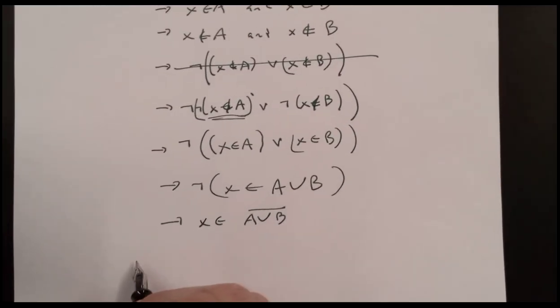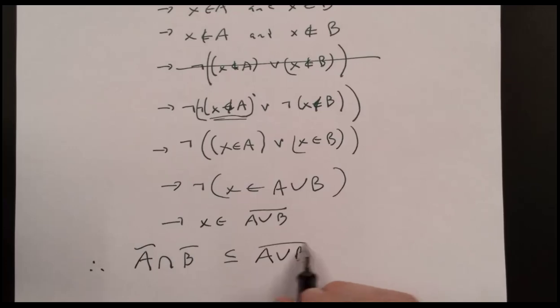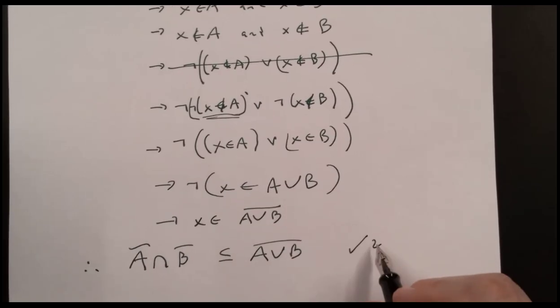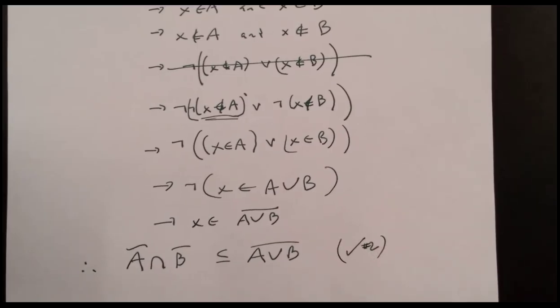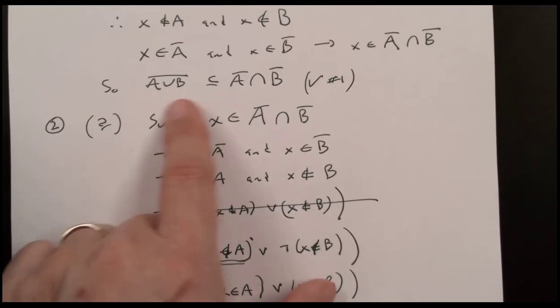And that means that everything in A complement intersect B complement must also be in A union B complement. This is check mark number 2. And that means that I've shown everything in this set can be found in here and vice versa.